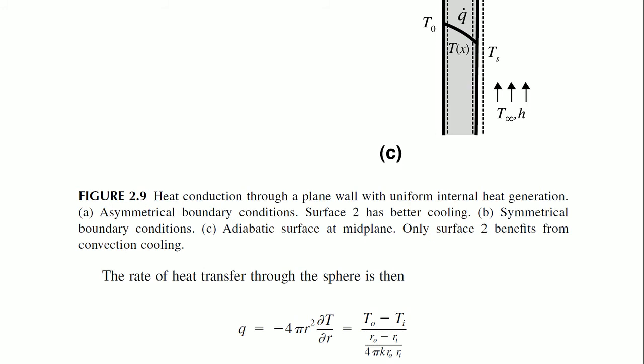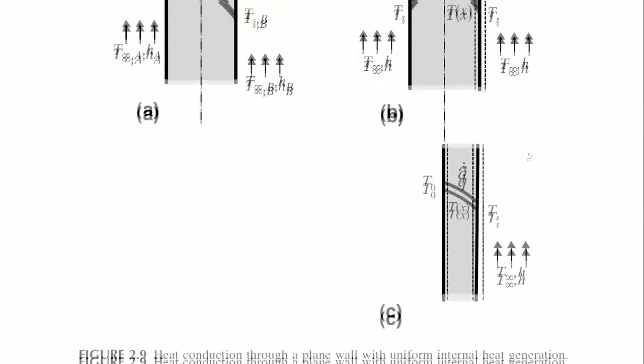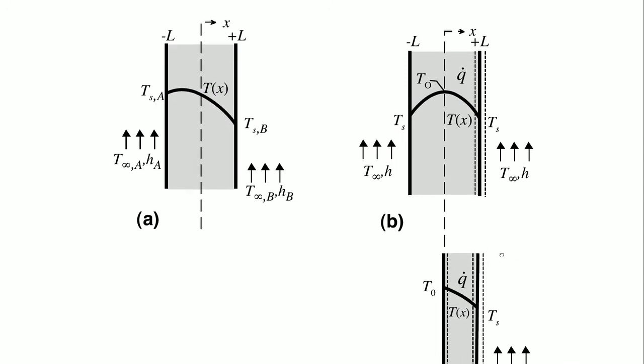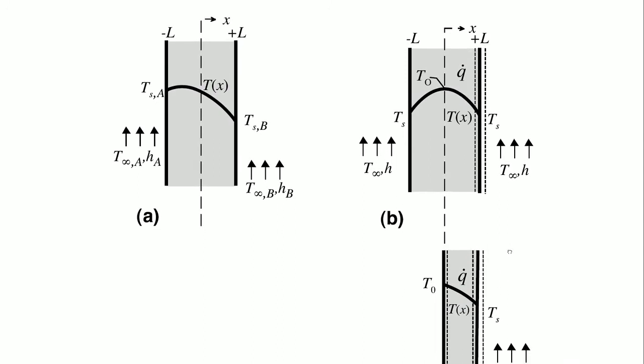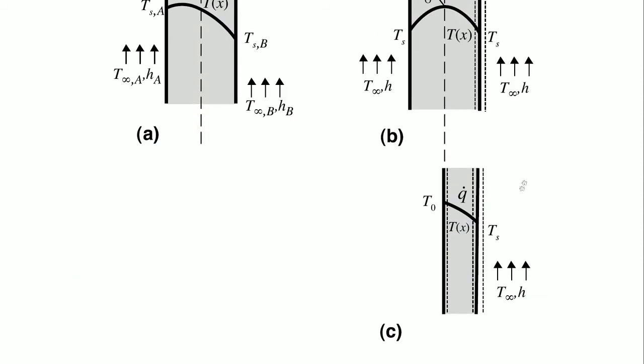You see here, there are beautiful combinations of type A, asymmetrical boundary conditions, meaning one side temperature is different from the other side. Symmetrical boundary conditions, meaning you have both sides, you have seen this H A, H B, heat transfer coefficients on sides A and B, and in the case both have similar values, and you have a temperature of the surface.